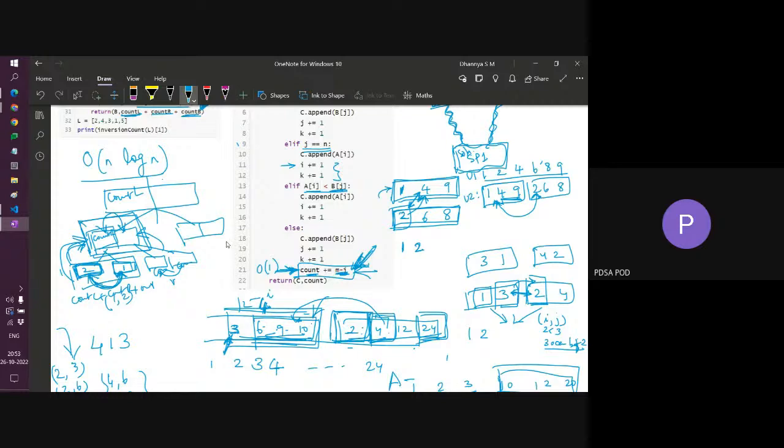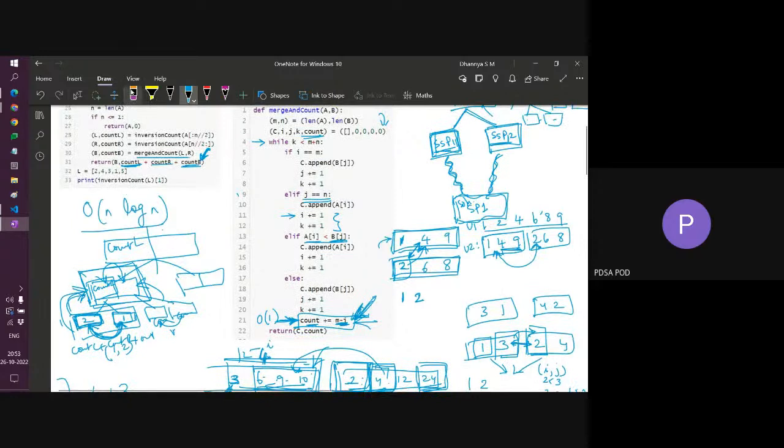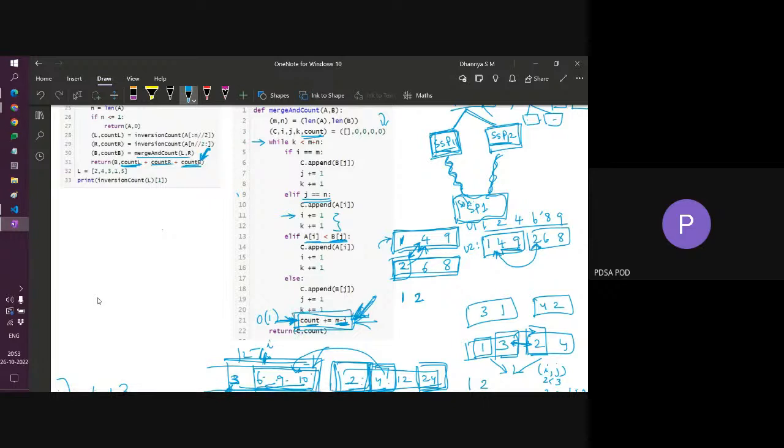So the complexity is just that of merge sort. There is nothing different that we are doing except adding one O of one statement, which is a very clever way of counting. As I told you, if you have to list the inversions, we cannot use it, because here in this statement we are using a single statement to cover a number of inversions together.